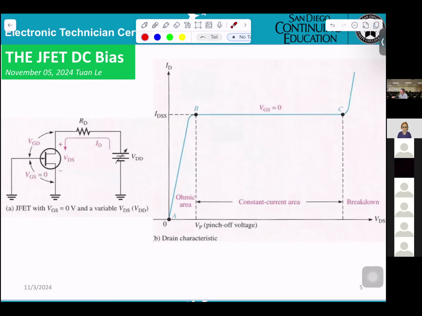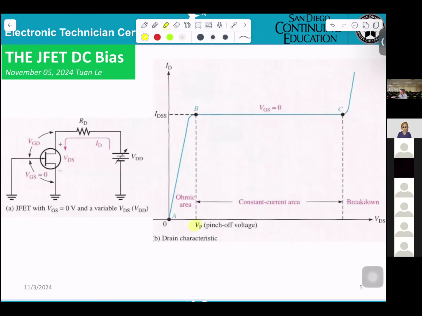When you try changing VDS, you can see at the beginning the current will be going up. When they get to the point B, you see what they are telling you.